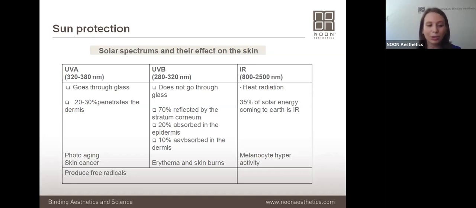I also want to emphasize that the SPF, which is sun protection factor, describes the duration of protection from UVB, but it does not indicate the protection from UVA rays, which is similar for all sun protectors, which is 2 hours.